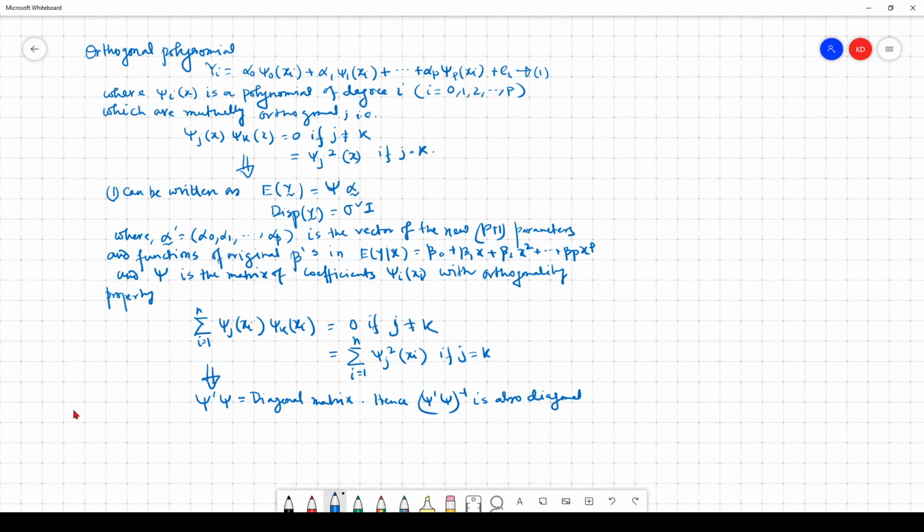The diagonal elements of psi prime psi inverse are 1 by the sum over i from 1 to n of psi j square xi.